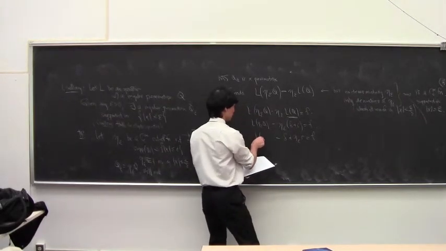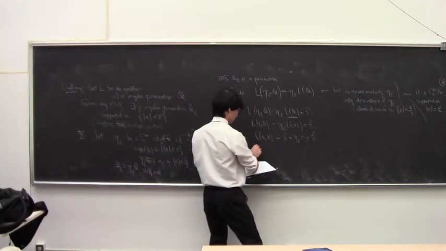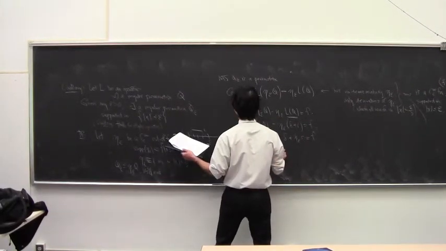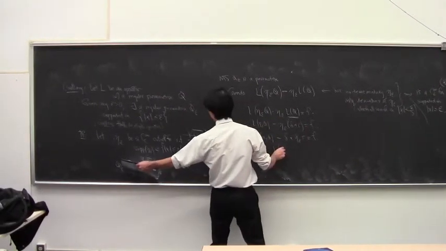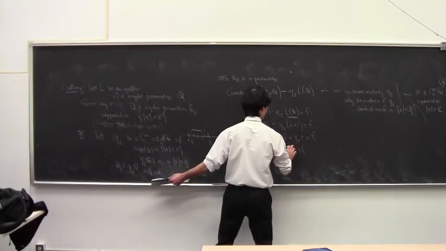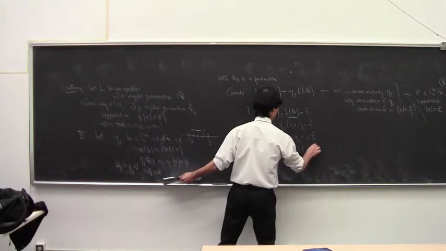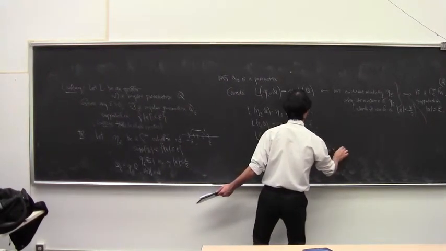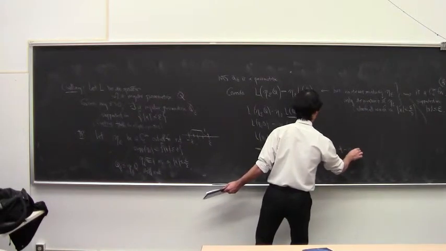So that tells you that L of our Q epsilon is going to be delta plus F minus eta sub epsilon r.